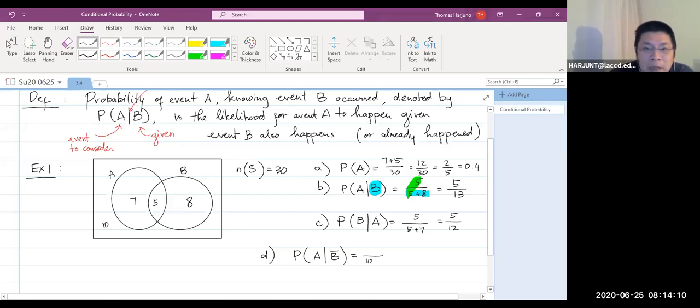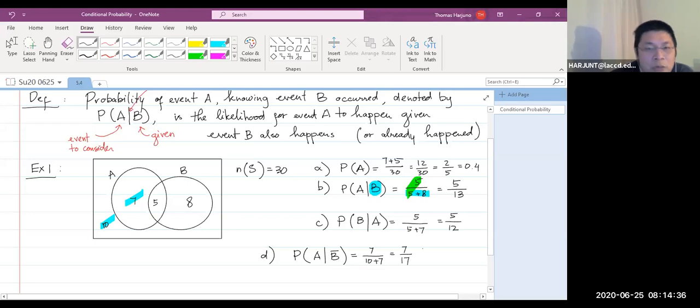That's 10 plus 7, right? Outside of B. Now of those outside of B, how many elements are in A? 7. That's right. So we end up with 7 over 17.